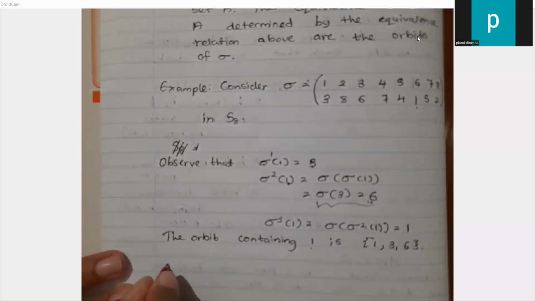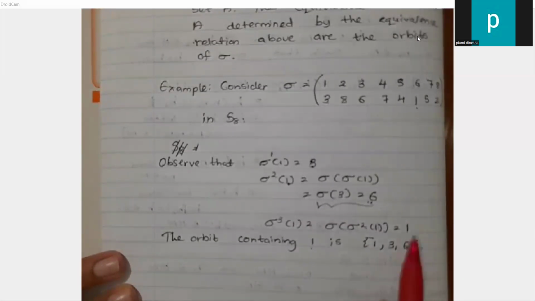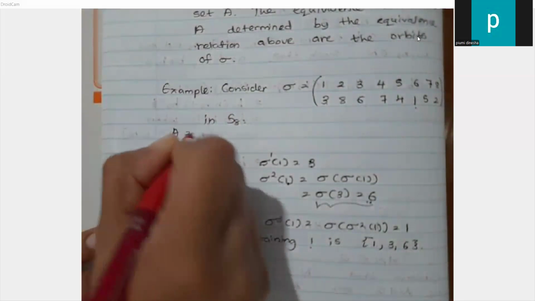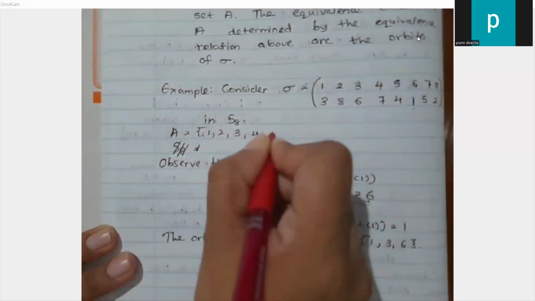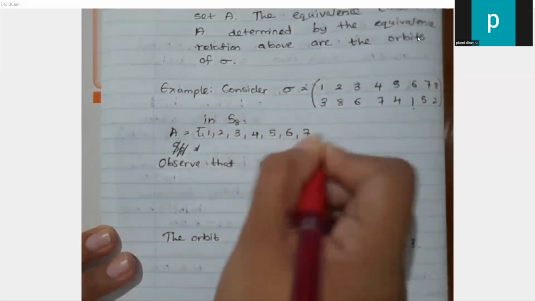Let's see. We have up to 8 elements, 1, 2, 3, up to 8. We have over here 1, 3, 6. Now, we want to see what the partition is of the set A. A I will write as simply 1, 2, 3, 4, 5, 6, 7, 8.